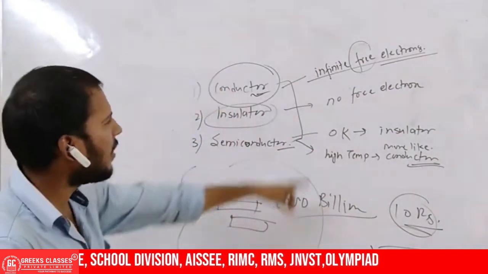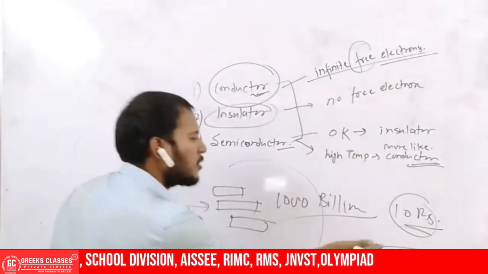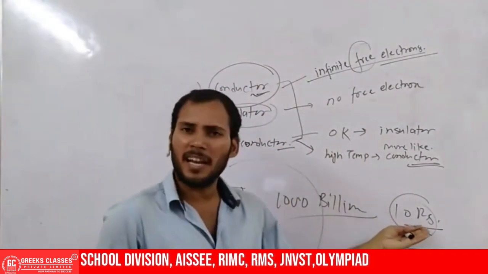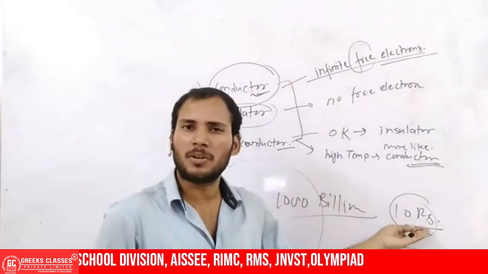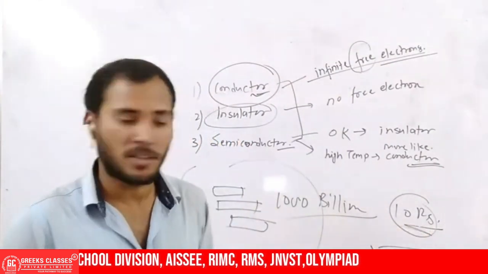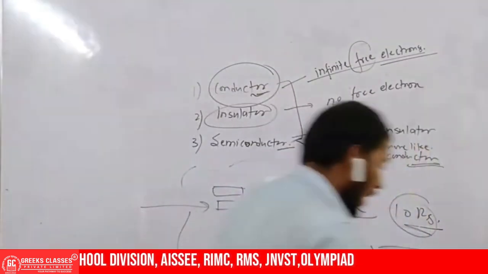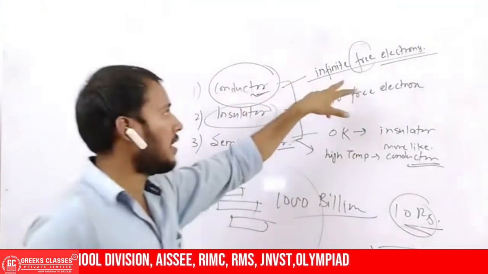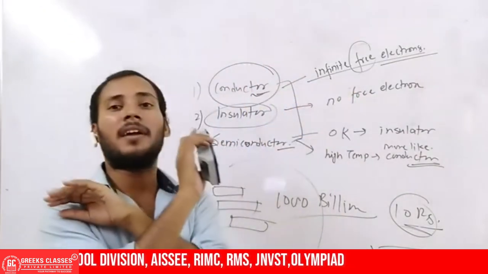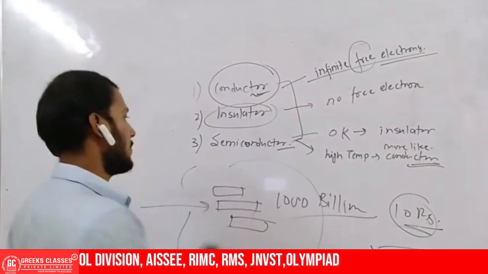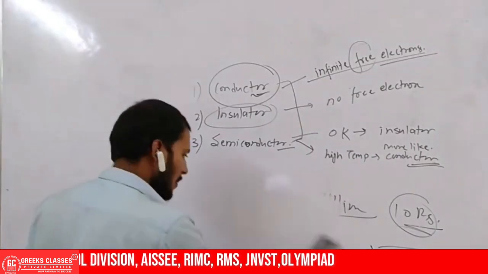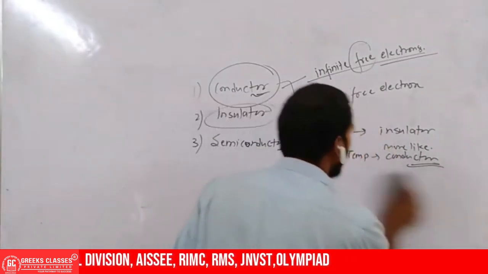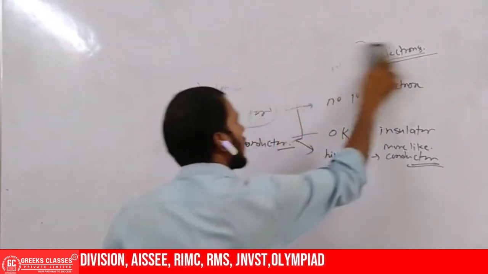And if you have infinite free electrons, an infinite amount of money, even if anyone takes 10 rupees or 100 rupees or 1000 rupees, you don't even care about it. So that is the case with the conductor. This is a very basic thing, and if we can understand this part, we can understand any part of the conductor. This was just an example for explanation.